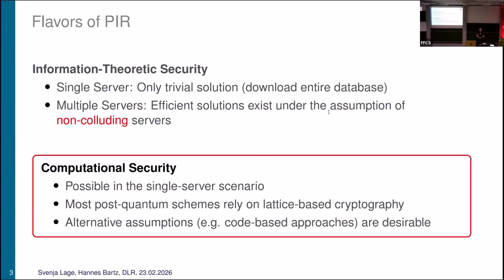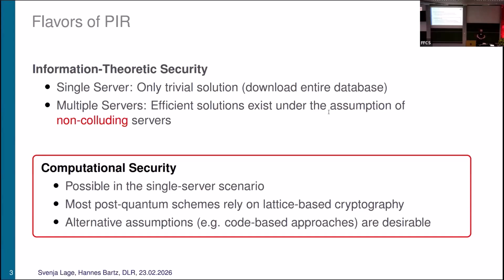Most of them currently are based on hard problems from lattice theory. So there are lattice-based schemes, but there also exist other schemes like code-based schemes. Some of you might know the McEliece cryptosystem as one of the prominent examples. And there are many variants based on different underlying problems, but most of them are currently lattice-based.